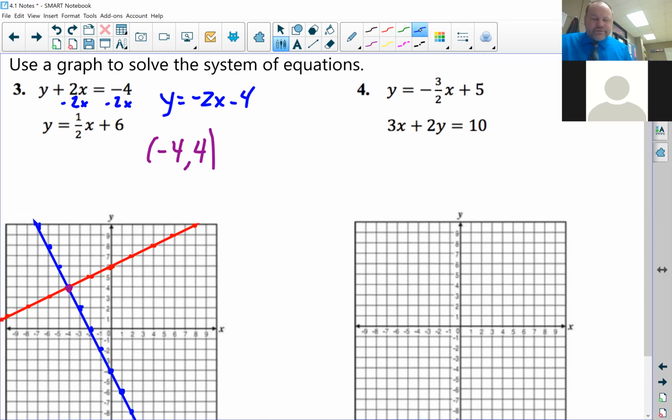Our second system, again, that first equation is all ready to go. And we have differing opinions on the solution for this one. We'll see if we can get it figured out.